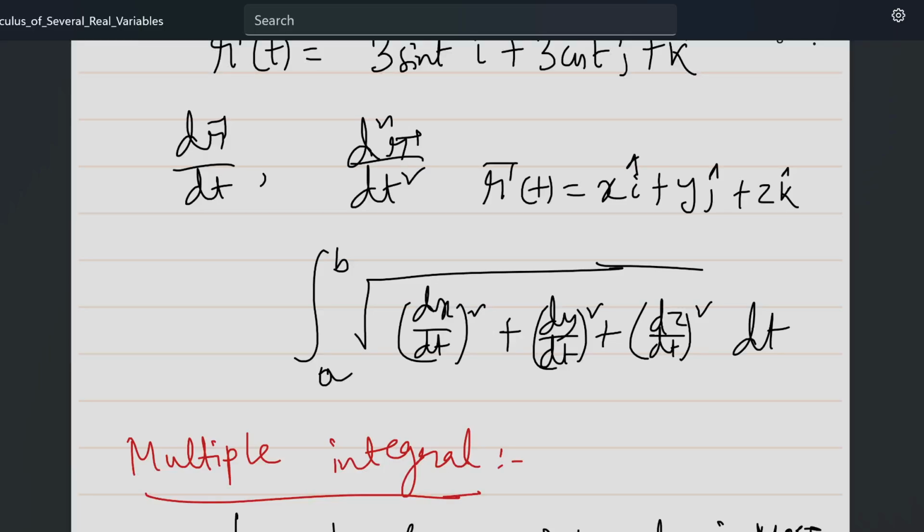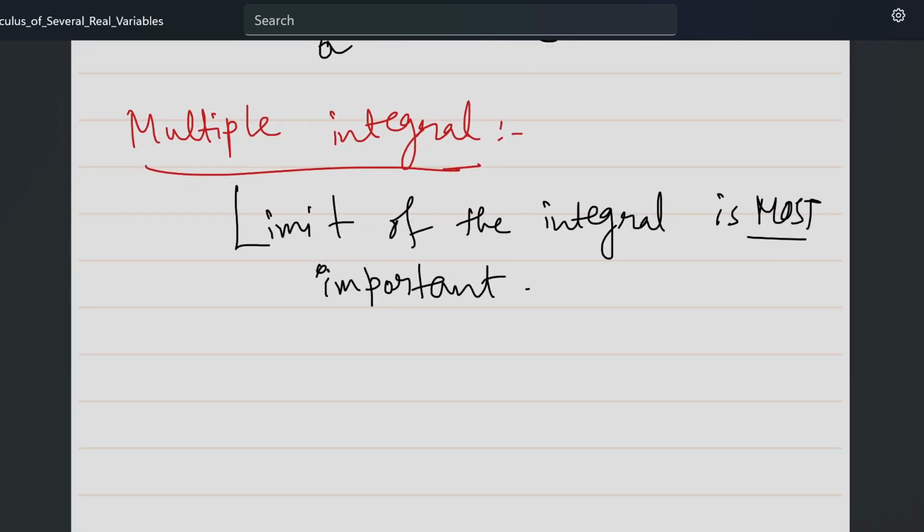Though your process is correct, your answer becomes wrong. So you have to write the limits very, very carefully, by drawing the graph, or by changing the order of integration.